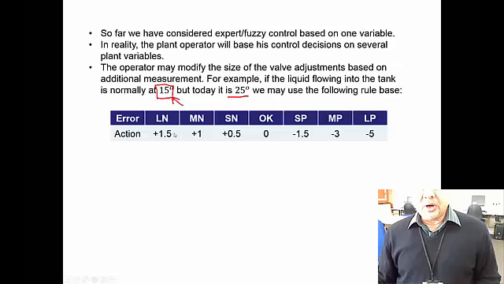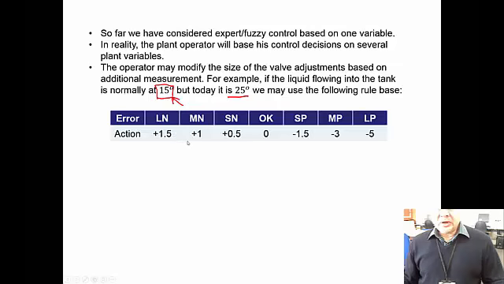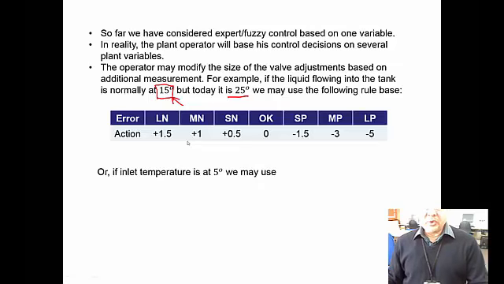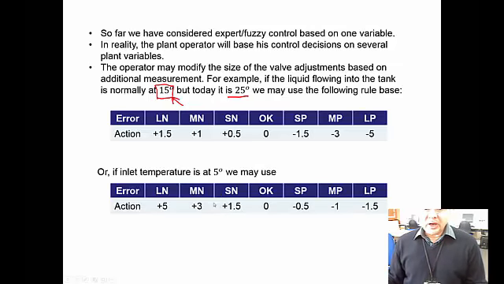The opposite occurs if the temperature comes in at a lower value. So the temperature of the fluid coming into the tank today is 5. We'll need to allow more steam. So the operator would change their action, and here they increased the opening of the valves.